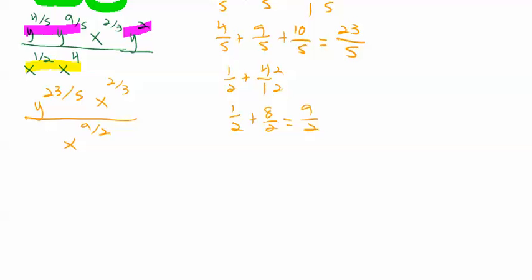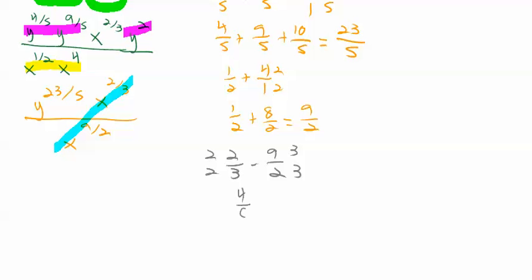We're not done yet because we can still combine the x's together. Now we've got one from the numerator and one from the denominator, and so what that means is we have to subtract those exponents. 2/3 minus 9/2. Needing a common denominator of 6, we'll multiply by 2 and 3.